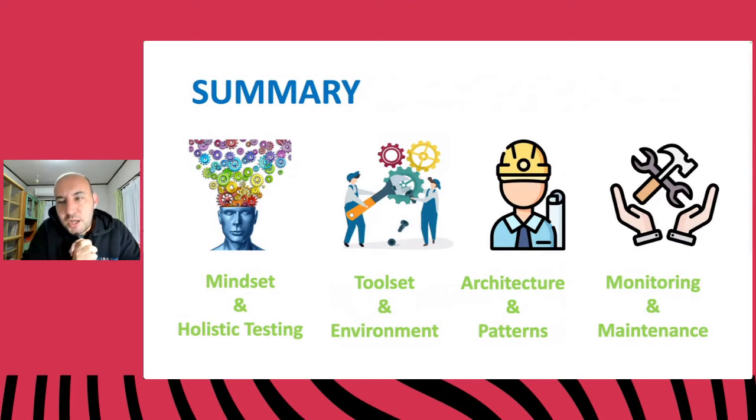So I'm wrapping up. We went over 4 different pillars, 4 different elements of successful test automation lifecycle, which were basically the mindset and the customer perspective and the holistic testing, trying to improve the testability issues, trying to make a collaboration with the development team and product team and the quality assurance team.